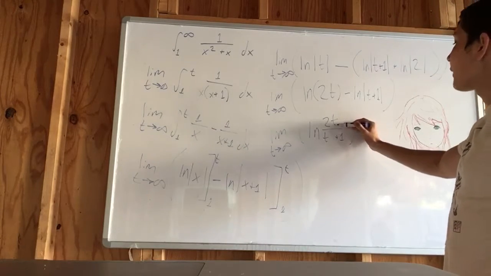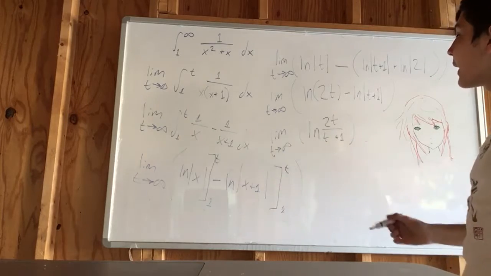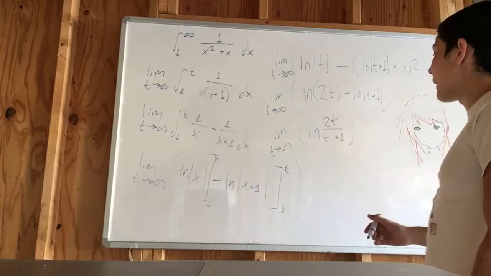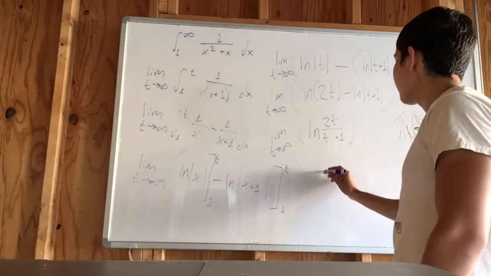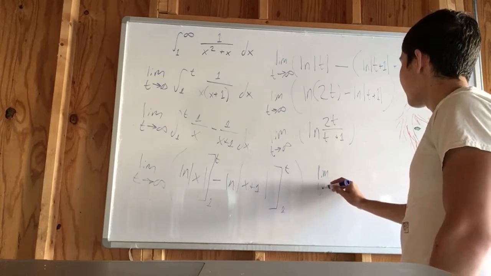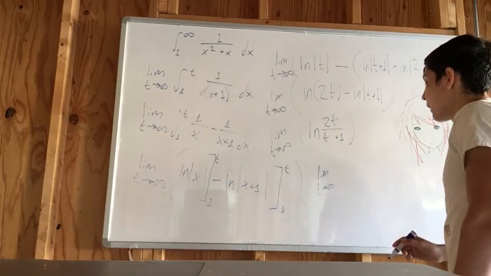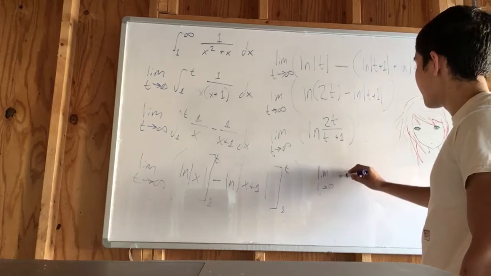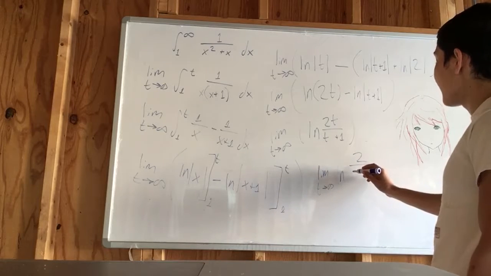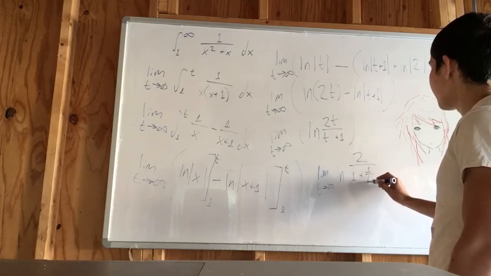Now look, we have a t in the numerator, a t in the denominator. We can divide the denominator by t and the numerator by t. That's just what we do. We divide by the thing with the greatest power. So in this case, we get 2 in the numerator because we're dividing by t, and we get 1 plus 1 over t.